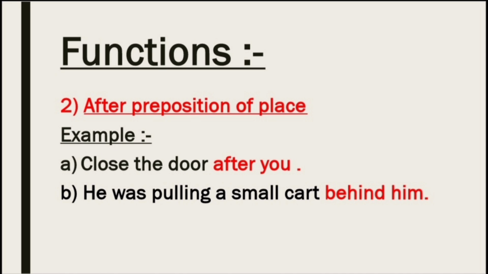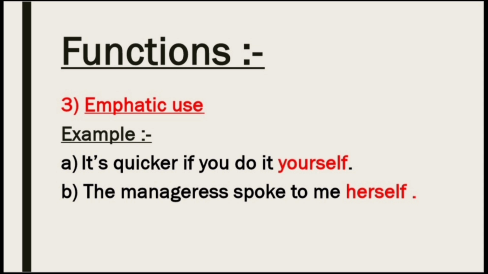The meaning is clear: the door that's after you, you should close that door. The next example is: he was pulling a small cart behind him. Therefore we use personal pronouns after prepositions.